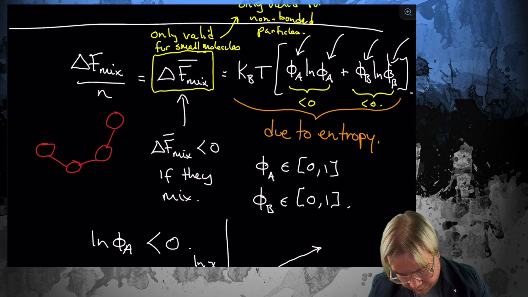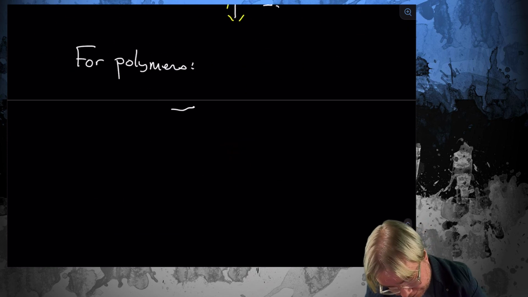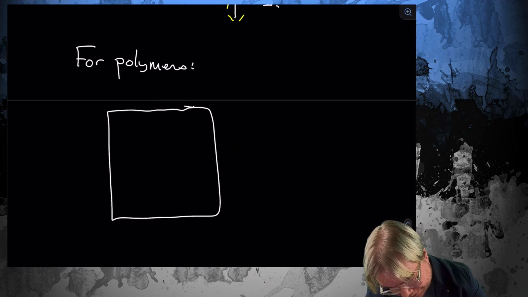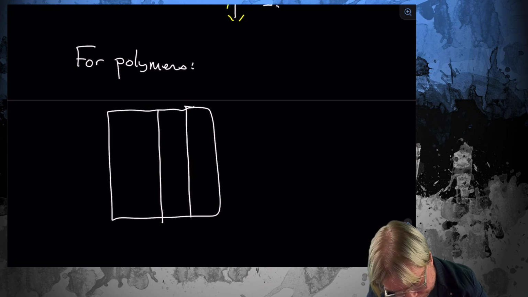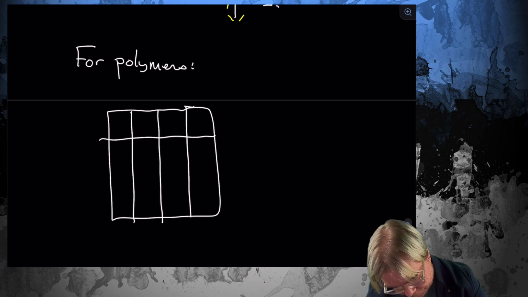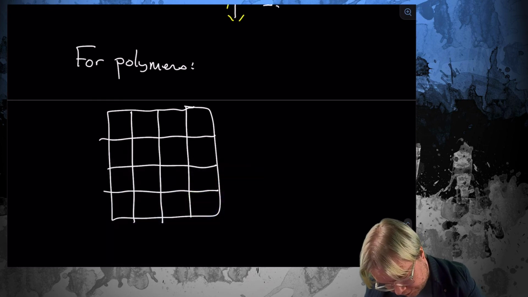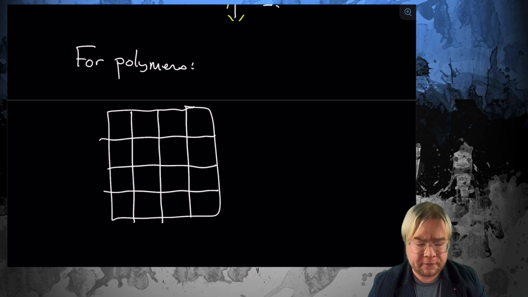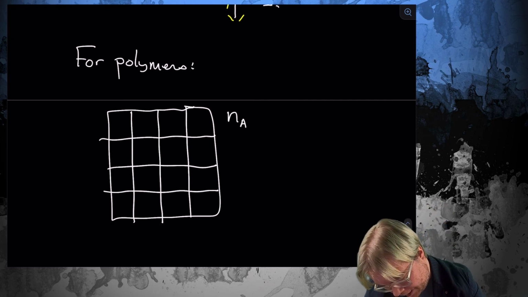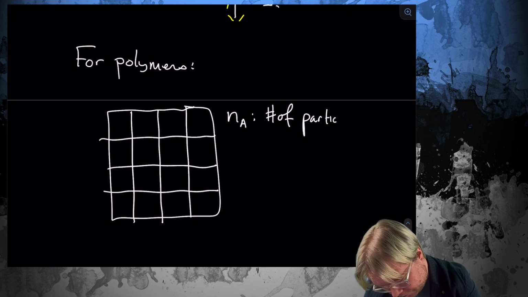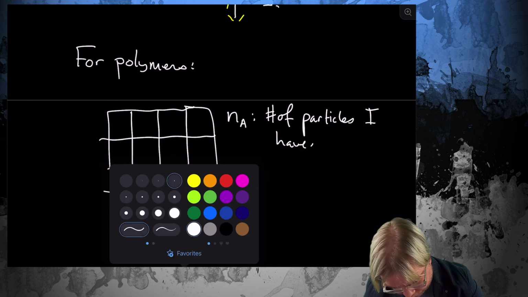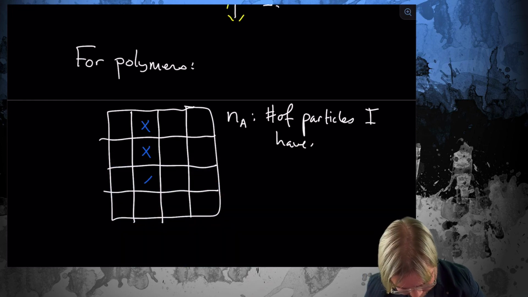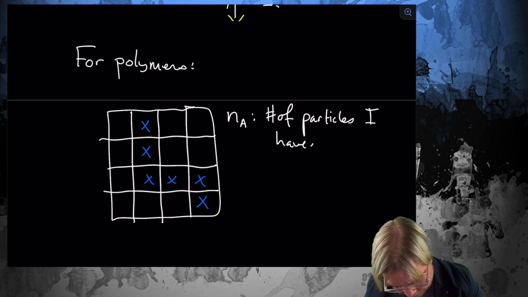Let me draw it out just to be absolutely clear. If I have my lattice like this, let's use lowercase a, otherwise it's going to look a little confusing. So little na is the number of particles I have. So I could put them, let's say that I have something like this.